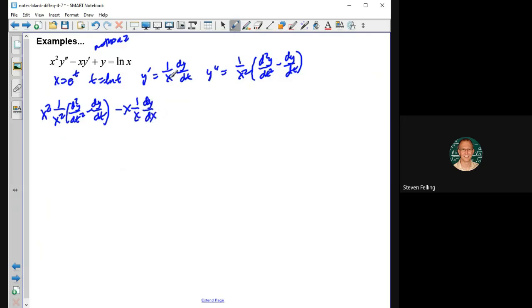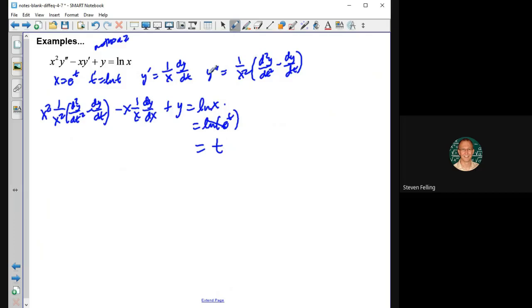Okay, and then I've got plus y equals natural log of x. Well, let's take what x is. On this right-hand side, natural log of e to the t, which means these cancel, so the right-hand side is just t.